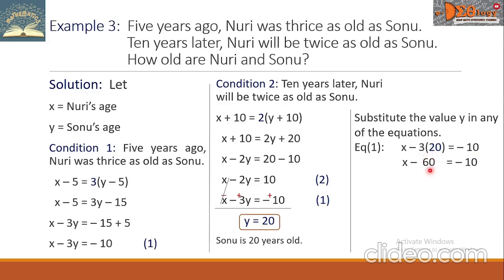We transpose this negative 60 to the right. So x equals negative 10 plus 60. And the right side becomes 50. So x equals 50. In the beginning, we said that x is Nuri's age. So Nuri is 50 years old.